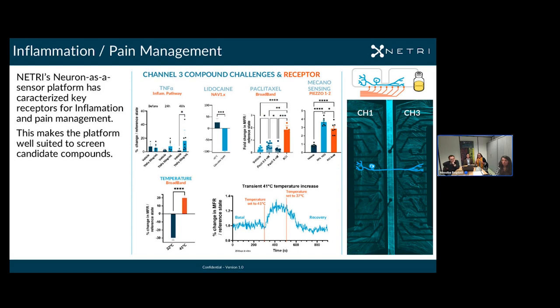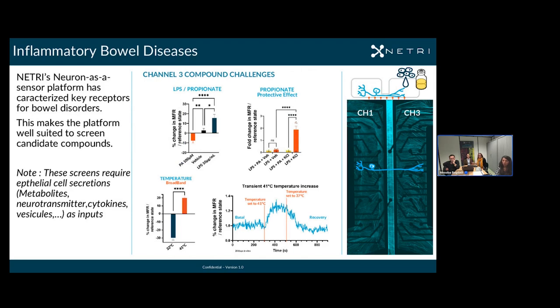In the example, we tested sequential addition of paclitaxel and it shows that the response is more subtle and different compared to, for example, some of the previous slides with ATP, which was really big. So we start to have evidence that depending on the compounds that we're adding, we're getting different responses, and that we can then try to understand a bit more of those responses to build different signatures of those responses.